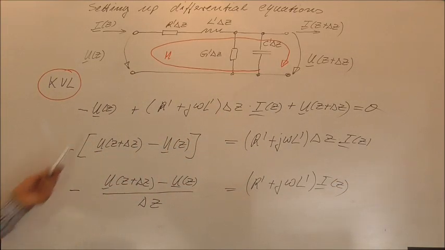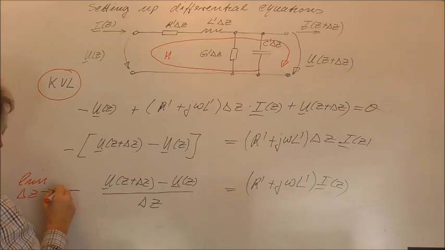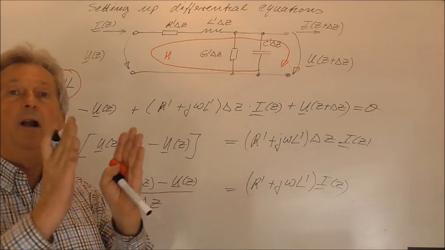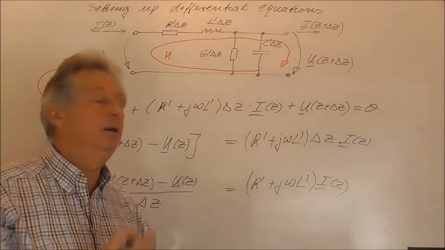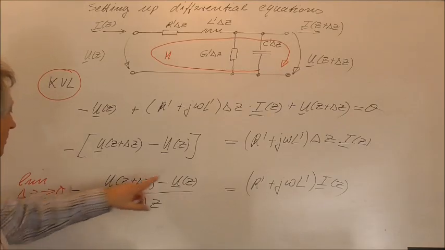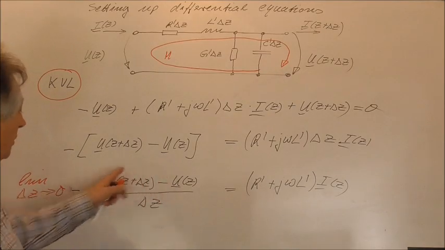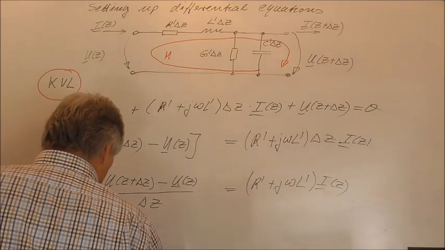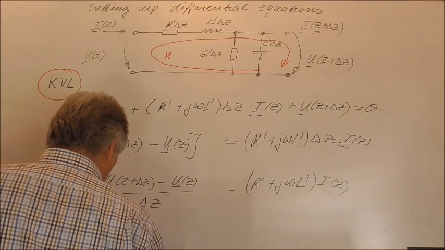And as I already told you, we must end up in a differential equation. This results in the fact that we have to consider the limit delta z tending to 0. It means we consider a very, very small or thin plane in the transmission line, and if we have a look at this expression, this is nothing else but the definition of the differential of the voltage as a function of the z coordinate.